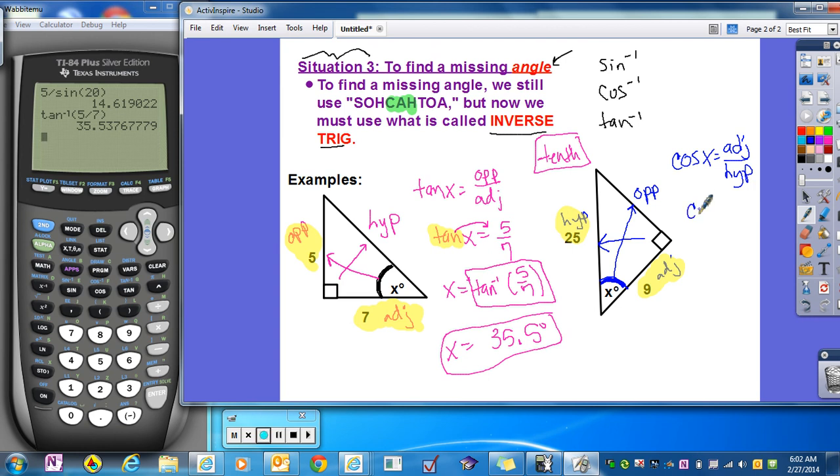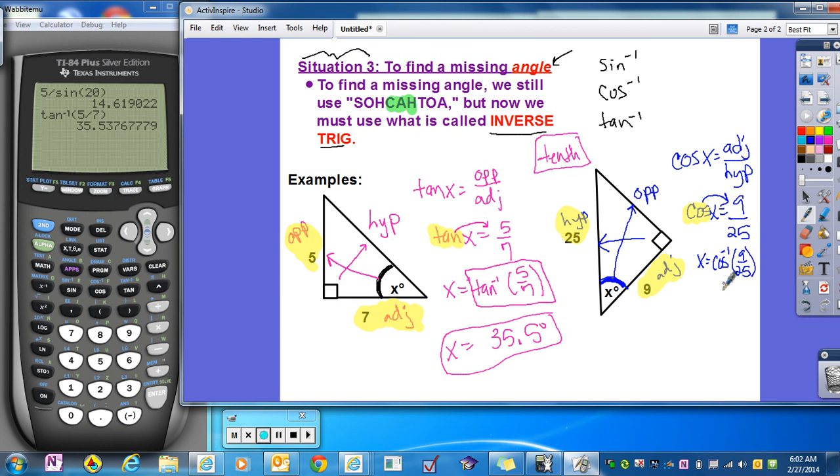So that means that the cosine of x is equal to the adjacent, which is 9, and the hypotenuse, which is 25. All right, now again, since we're solving for x, which is an angle, we have to get rid of this cosine and we have to take it to the other side. The way you take cosine to the other side is you do the inverse. So we're going to have x equals the inverse cosine of 9 over 25.